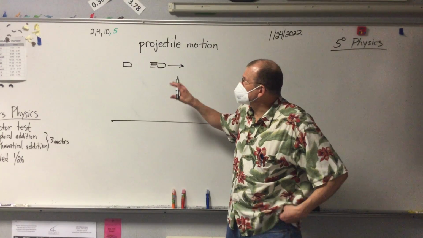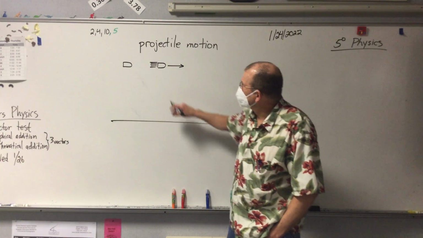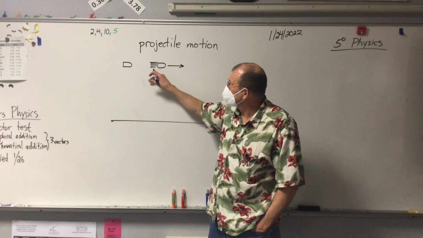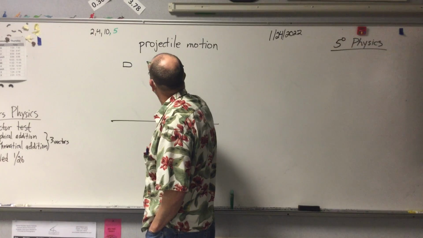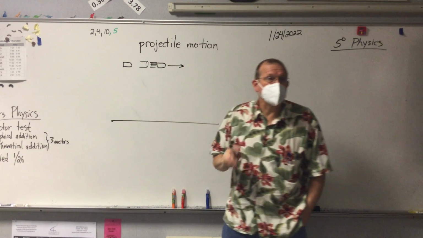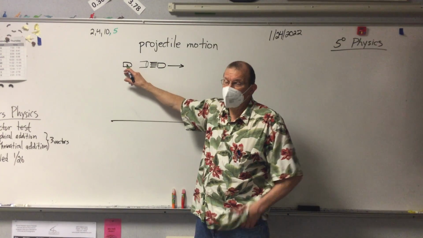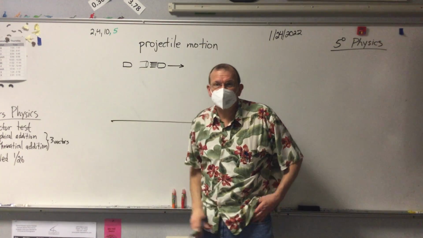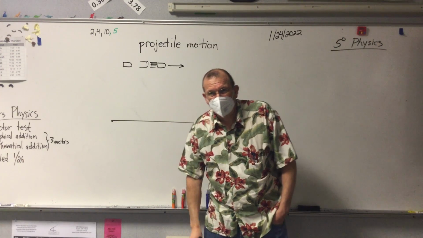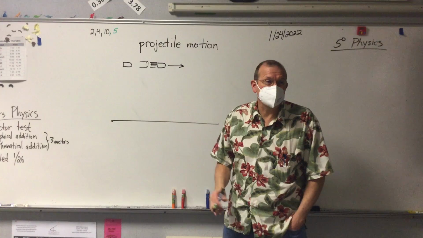But these are connected or engineered in such a way that at the instant that this bullet exits from the barrel of the gun, the non-shot bullet is released to drop to the ground. And then the question is posed, which one hits the ground first?